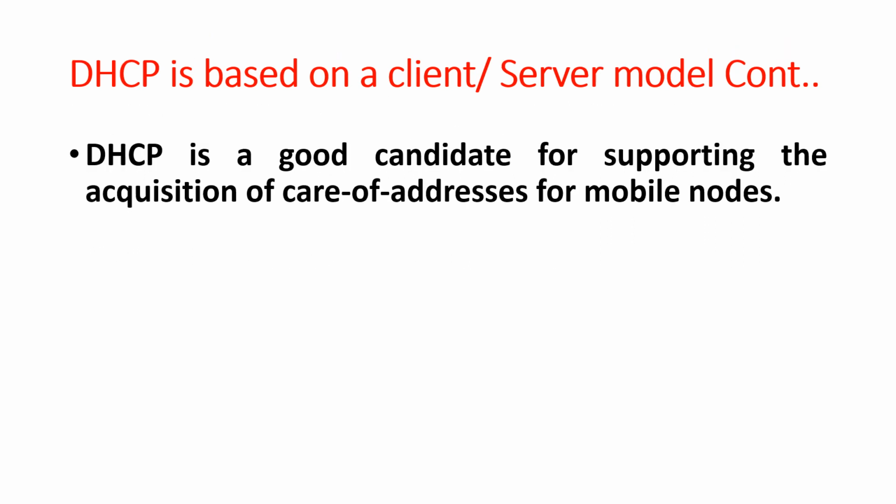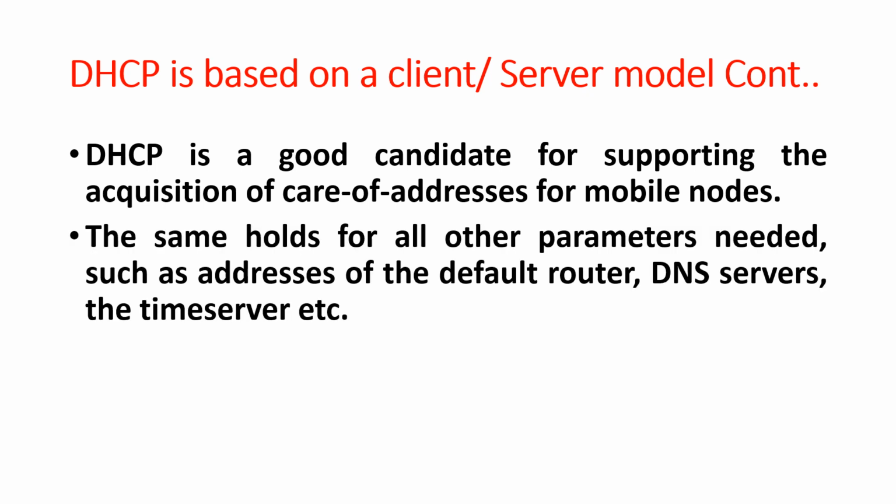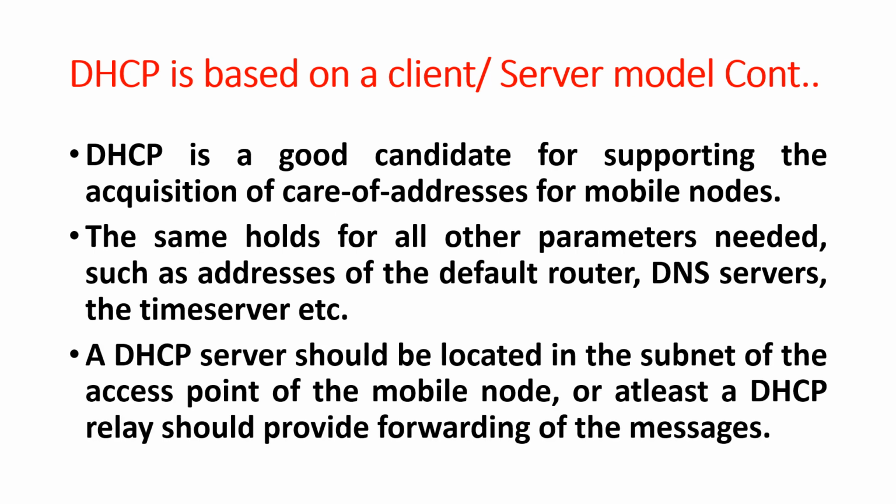DHCP is a good candidate for supporting the acquisition of care-of addresses for mobile nodes. The same holds for all other parameters needed, such as addresses of the default router, DNS service, the time server, etc. A DHCP server should be located in the subnet of the access point of the mobile node, or at least a DHCP relay should provide forwarding of the messages.